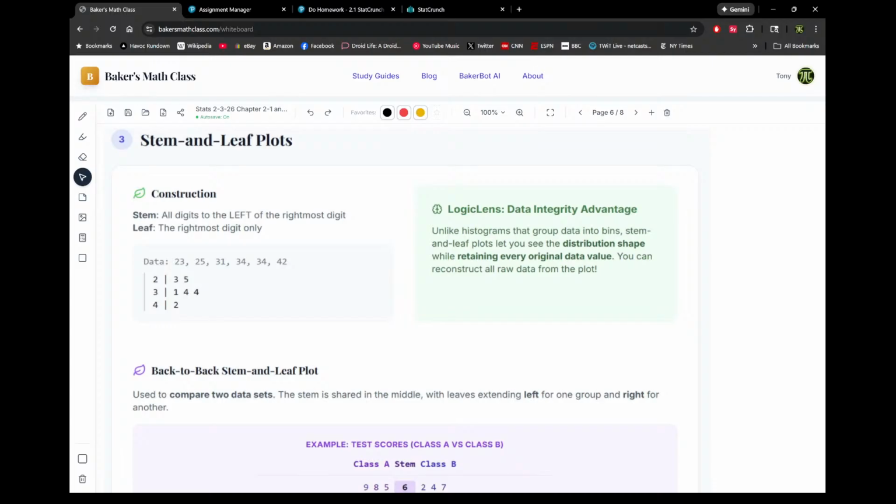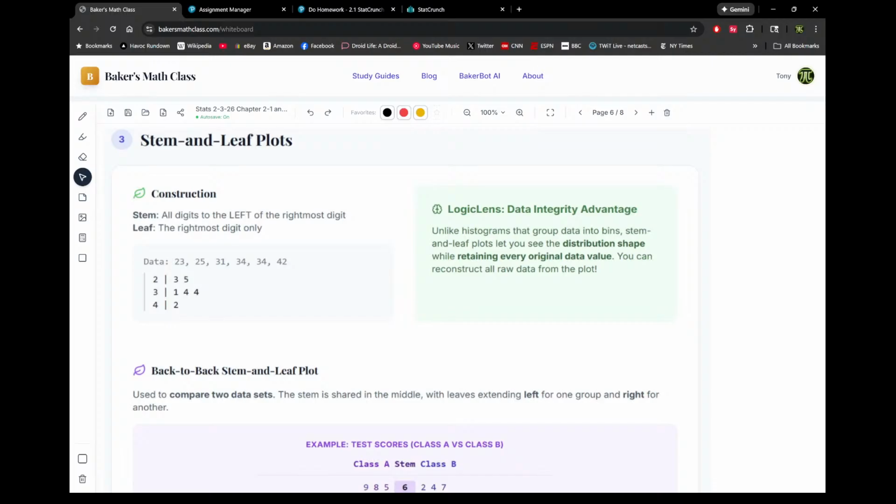My stem is the tens. So 2, 3, 4. My leaves are the ones column. The 3, the 5. So you put this together. That's 23, 25, 31, 34, 34, and then 42. So the leaves are your ones column, and your stems are your tens column.